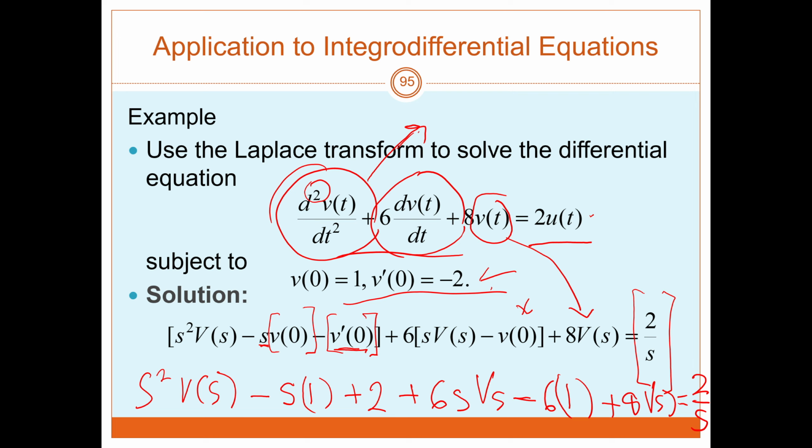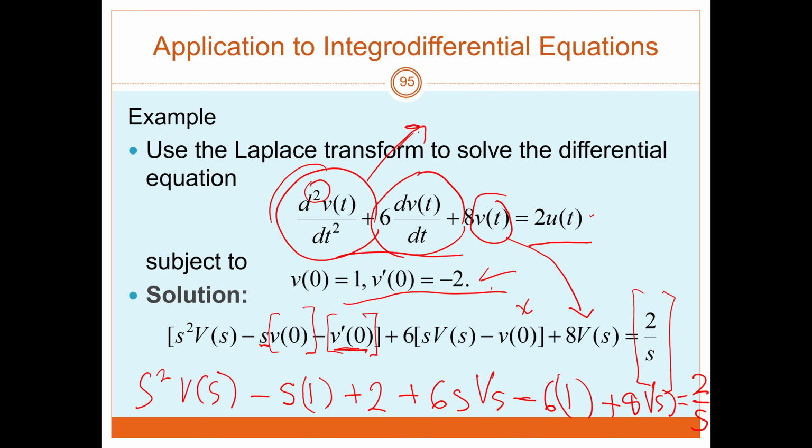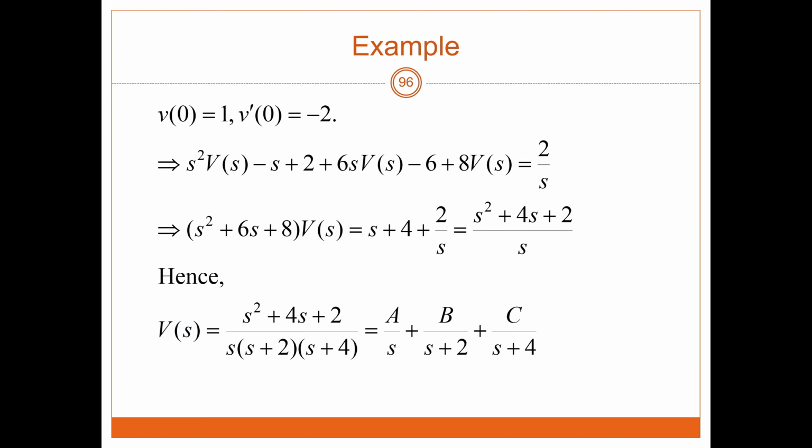Now we have substituted the initial conditions and left only vs. So now it becomes s squared vs minus s, plus 2 here, 6s vs minus 6, plus 8 vs equivalent to 2 over s.